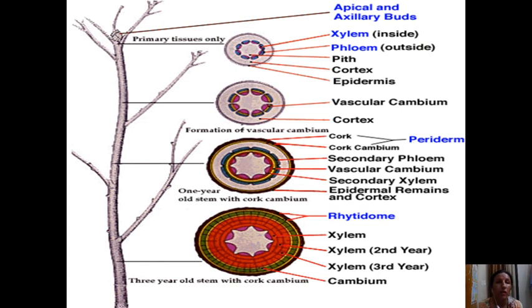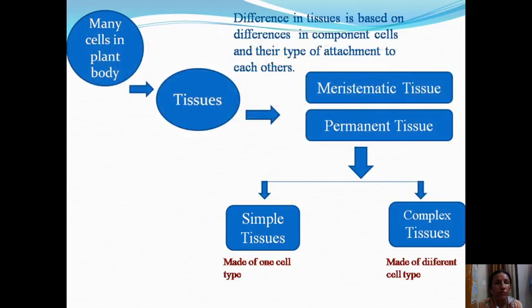So the tip of the plant consists of apical and axillary buds, whereas in the lowermost part, xylem is present in the form of rings, different rings, which are called annular rings, that we will discuss in another module.